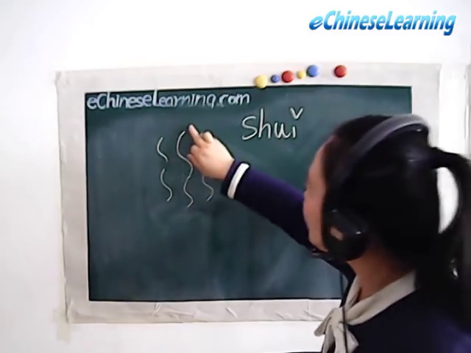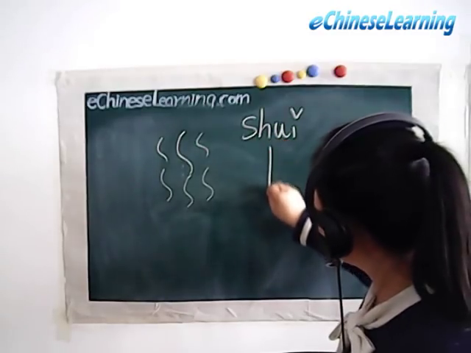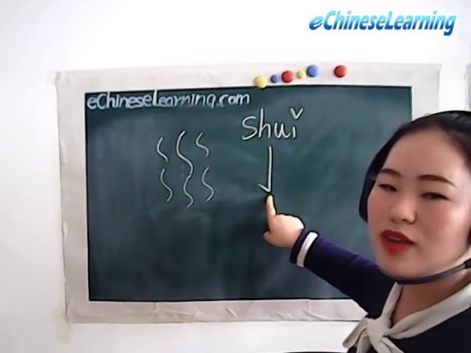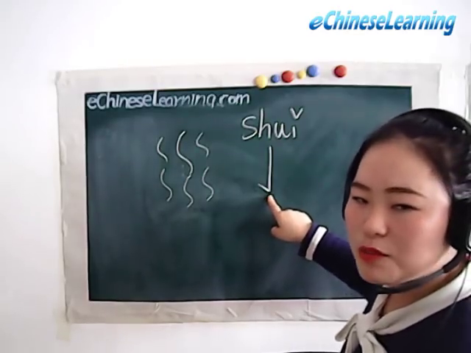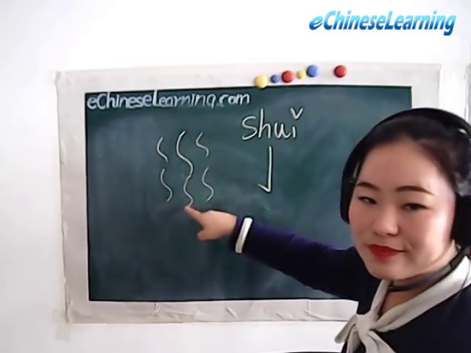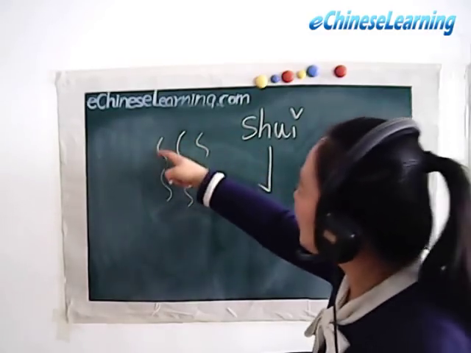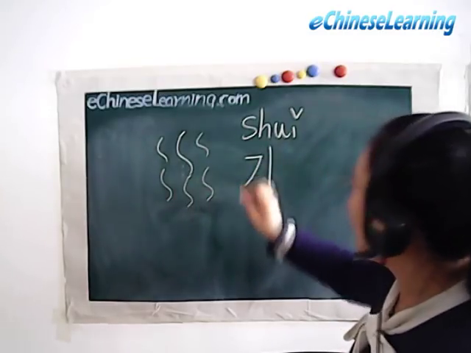Let's write the middle one, okay? 竖钩, follow me. Write it on your notebook. 竖钩 first in the middle. Can you see that? Then the left side 横撇.